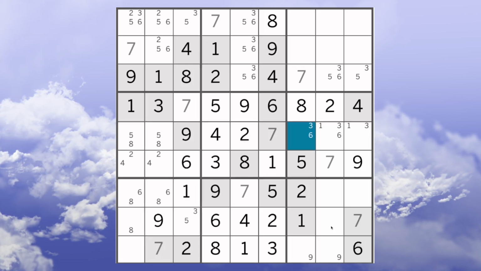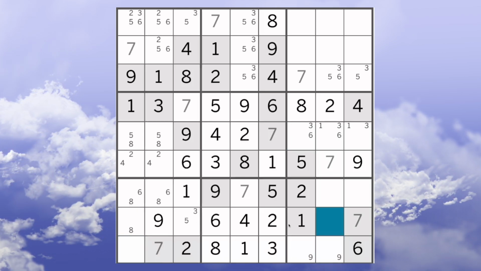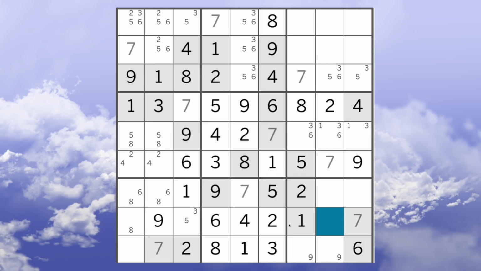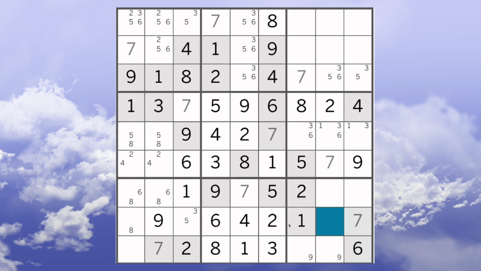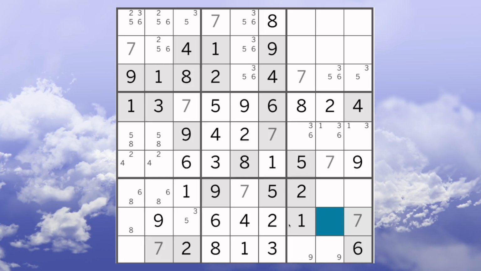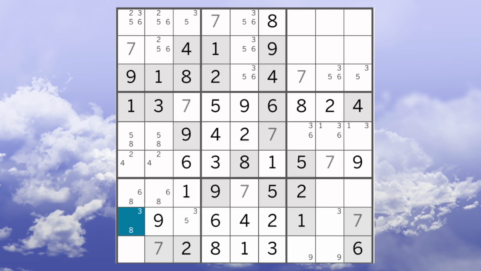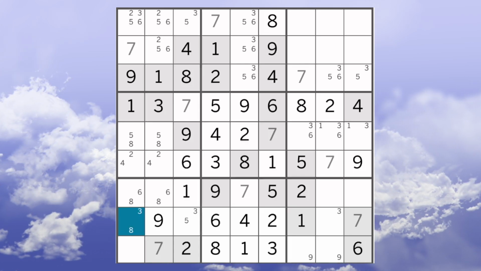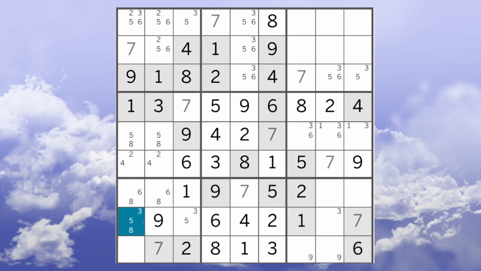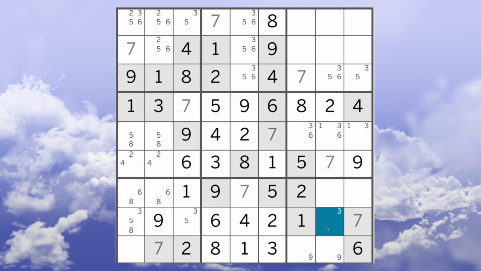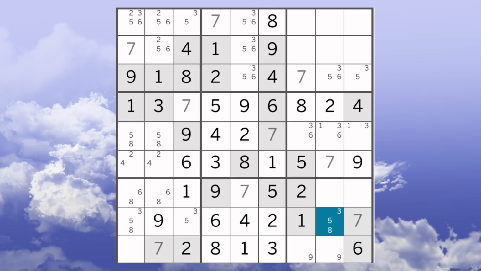Alright, let's finish these bottom 2 rows. So we have a 1 and a 2. We need a 3 that can be anywhere. Starting to see a pattern with the 3s. It's the line of 3, 5, and 8.